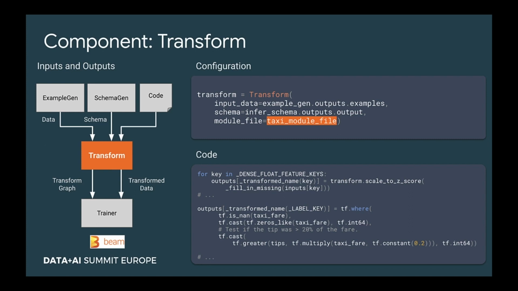The code for Transform can really be arbitrarily complex because it just depends on what you need for your model and your data, how much feature engineering and what kind of feature engineering you need to do. So this is showing a very simple example where we're just doing a z-score, but we could be pulling a trained model from a repository and using it to generate embeddings or what have you. This can be arbitrarily complex.